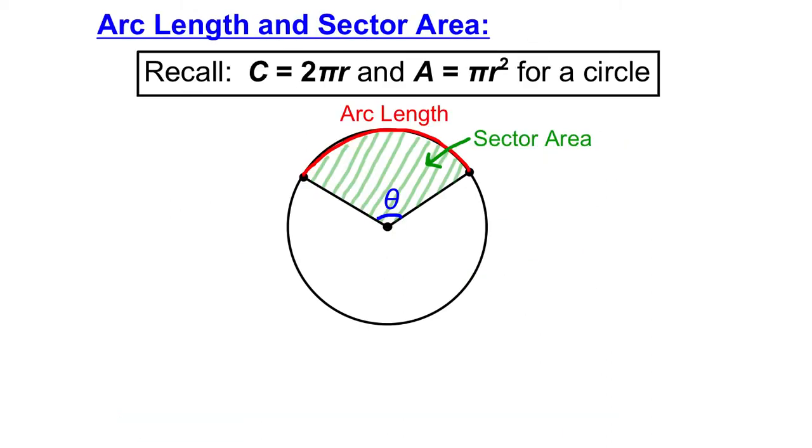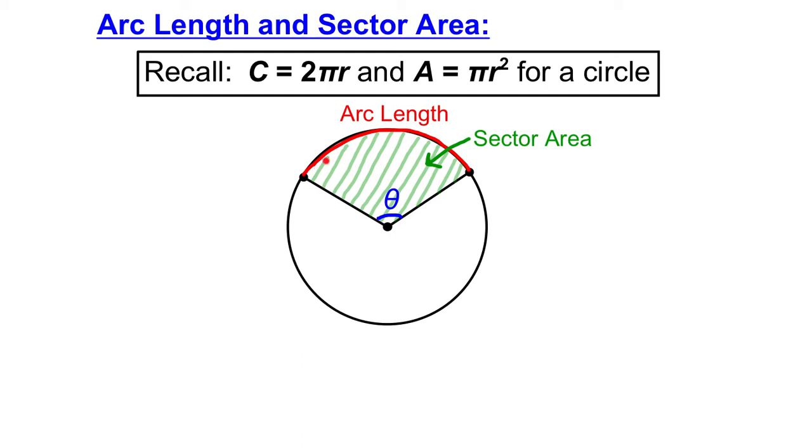Now let's talk about arc length and sector area. So recall from the warm-up, circumference is 2 pi r, area is pi r squared for a circle. So remember, this is the circumference of the entire circle. This is the area of the entire circle. So if we want to calculate the arc length, well, that's only a fraction of the circumference.